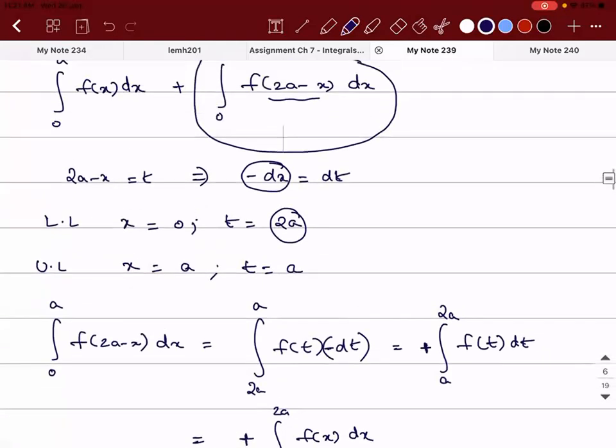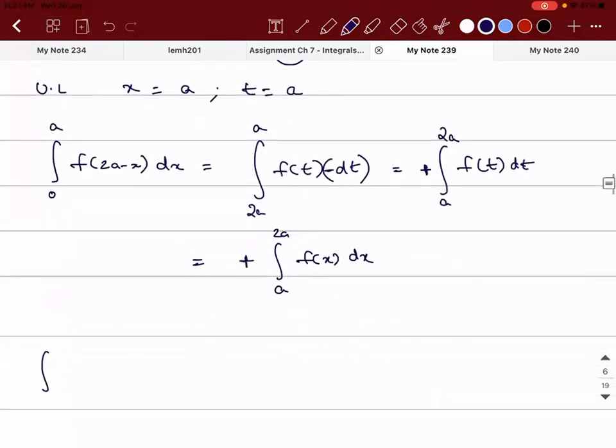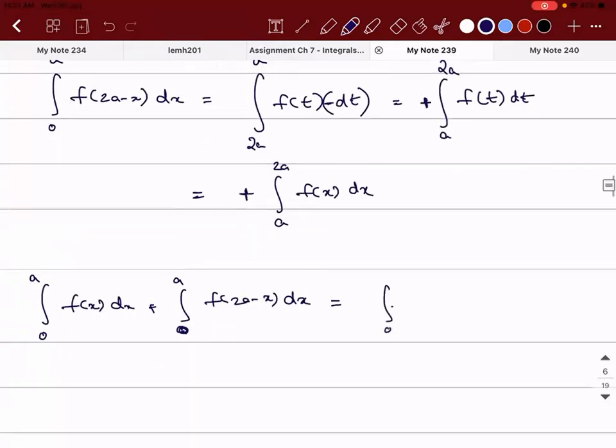So what is happening on the RHS is, I have integral of 0 to a f of x dx plus integral of 0 to a f of 2a minus x dx, right? This I can write as integral of 0 to a f of x dx, leaving it undisturbed, plus this thing. What can I do to this thing?